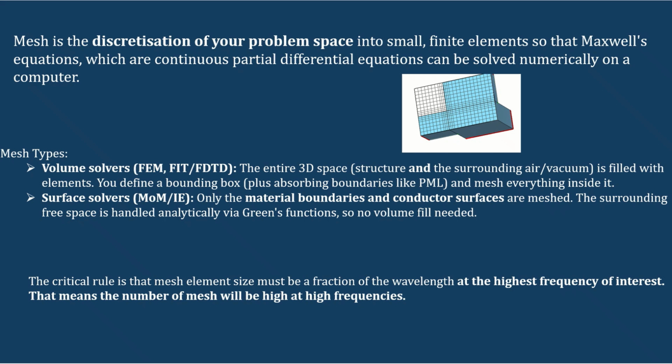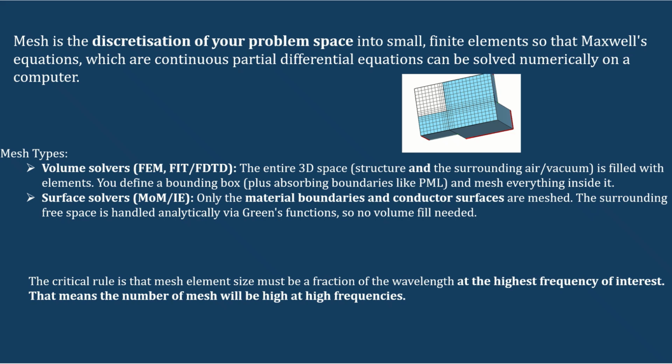To solve these field distributions, the one thing it has to do is divide that large problem domain, like antenna structures or anything, into finite elements so that it is easy to solve the partial differential equations in each of these tiny elements. The discretization of the entire structure into these tiny elements is known as meshing.